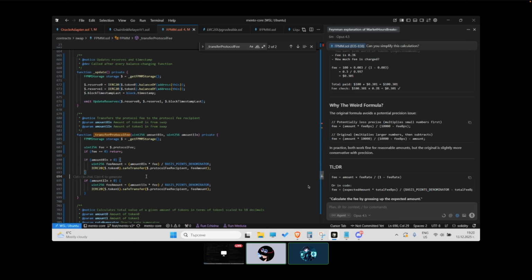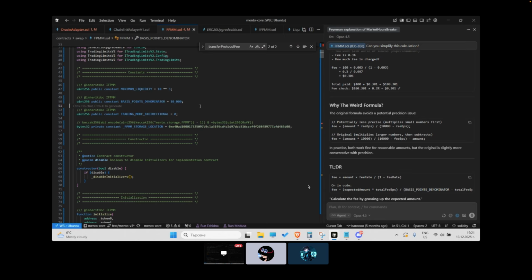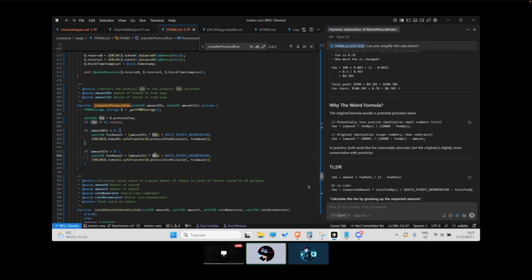I don't think a fee of zero will screw anything here. This denominator, yeah, 10,000. So they apply the fee to the amount in, right? So yeah, this looks correct. Okay. Yeah, this looks good.